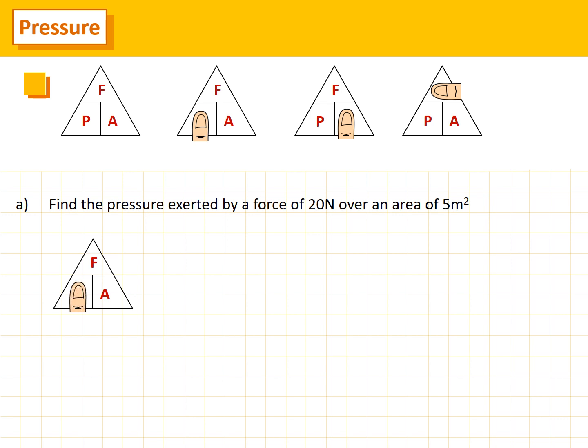And we're left with F over A, which is force divided by area. We can then insert our units of force and area, 20 divided by 5, and that's 4 newtons per square meter. Note the units, force given to us in newtons, area given to us in square meters, so it's newtons per square meter.